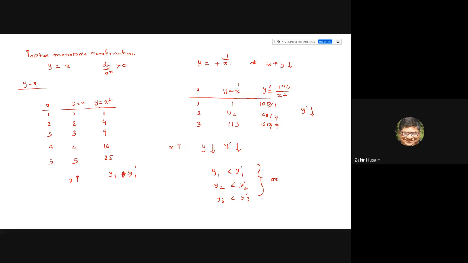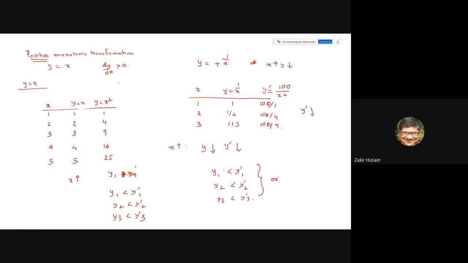What is happening here? I am talking about the right side, where y equals 1 and y prime equals 100. Here also it is happening like this. Right? y prime is always larger than y. The transformed value is always larger than the original y. Okay? So that is the positive monotonic transformation.